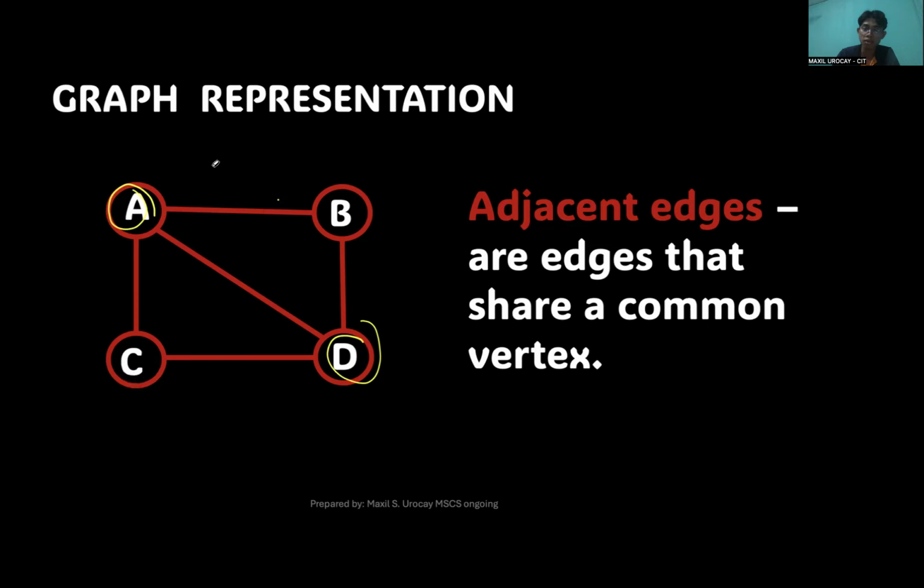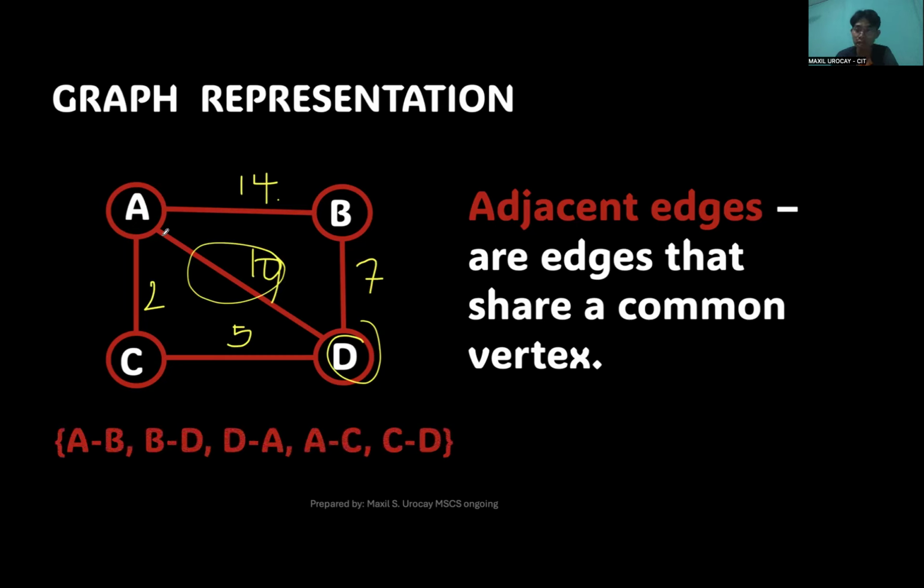Because this will also be useful, for example, in a weighted graph, where we have a weight representing the value of that certain graph. Say, I want you to identify the adjacent edges for the edge with the number 10. You will check the adjacency for that. That is A to D, di ba? That's how you will do that here.